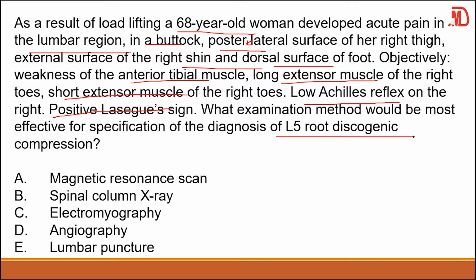Definitely, for us to say that there's a Lasegue sign, some books or some question will tell you there's a straight leg raise. All of these things are all examinations to check for what? A herniated disc in the lumbar region or herniated disc in the spinal column or the vertebra.